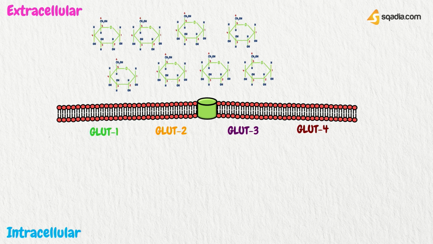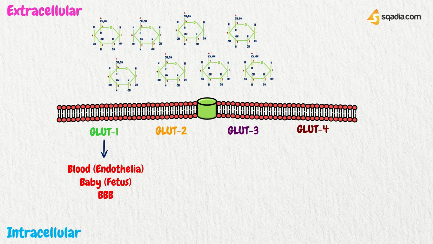These 4 receptors are basically classified according to where they're present. GLUT1, you can remember by a mnemonic known as BBB. B stands for blood, as it's present in endothelia. B for baby, as it's widespread in the fetus, and the blood-brain barrier as well.